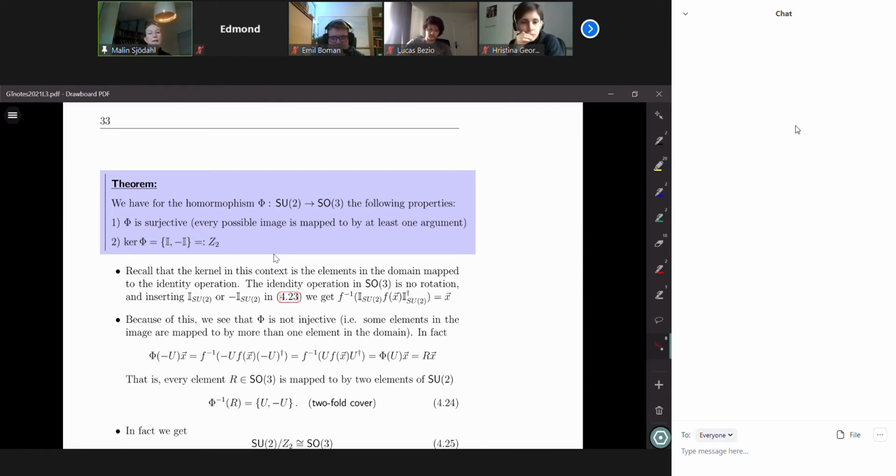We also have that the kernel of phi, so the elements that are mapped to the identity element in SO3, the identity element in SO3, that is no rotation. That kernel we will see is 1 and -1, and that is clearly isomorphic to group Z2, so the cyclic two group.